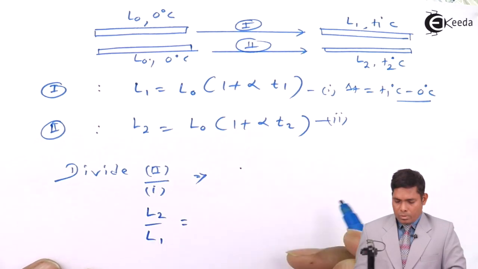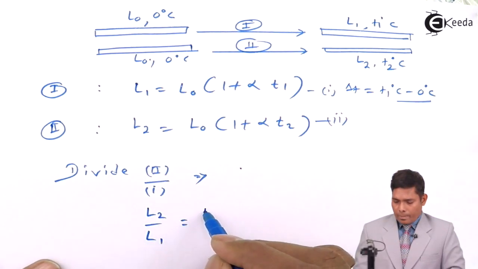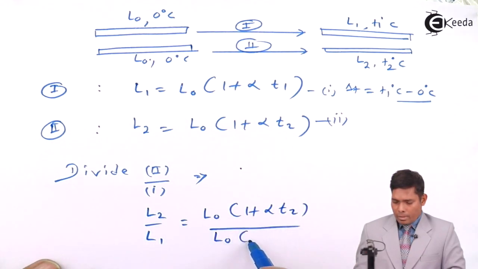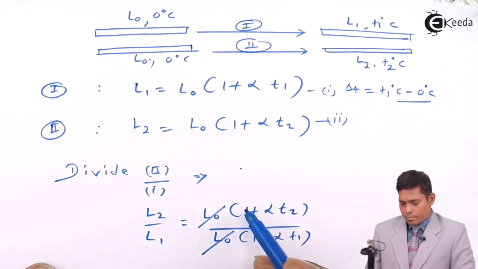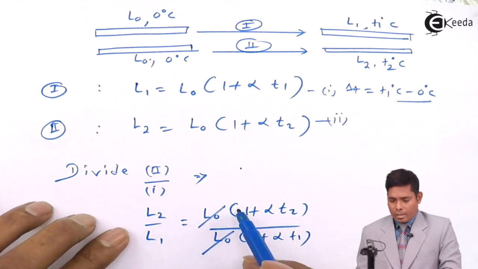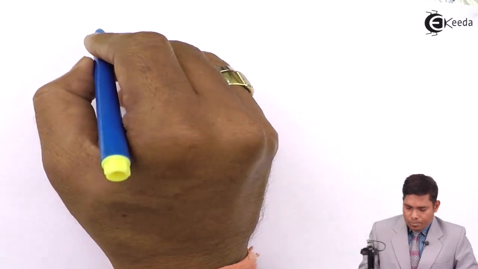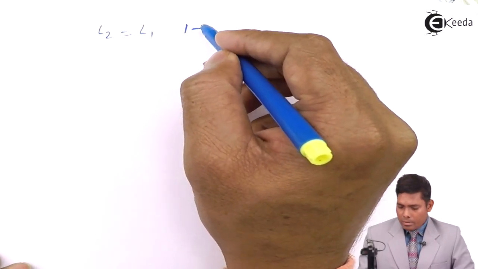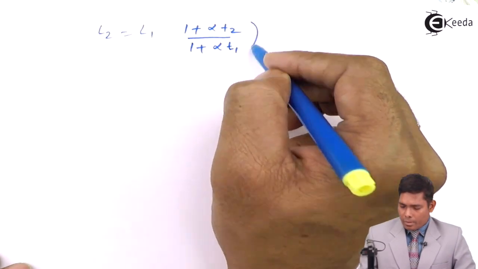L2 over L1 equals L0 (1 plus alpha T2) divided by L0 (1 plus alpha T1). You can cancel the L0, and L2 can be written as L1 times this value, that is, 1 plus alpha T2 divided by 1 plus alpha T1.